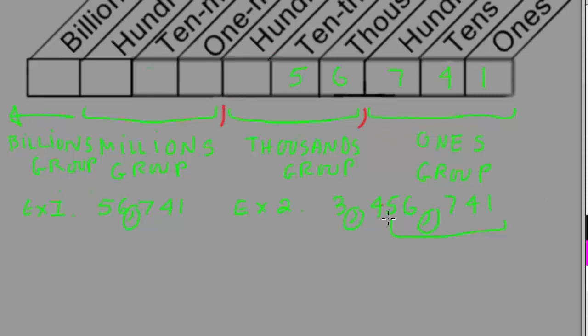So we're going to place the 3, the 8, and the 2. The 2 is going to be in the billions, so next to the 2 we're going to place the very first comma. All right, now we're ready to read it. 2 billion, 833 million, 456,741.